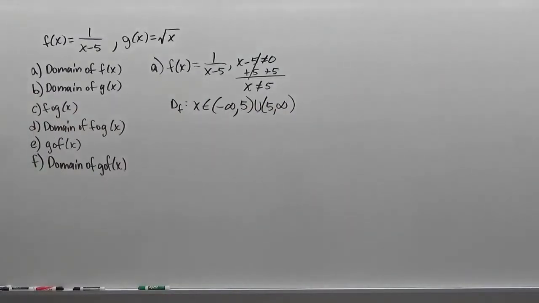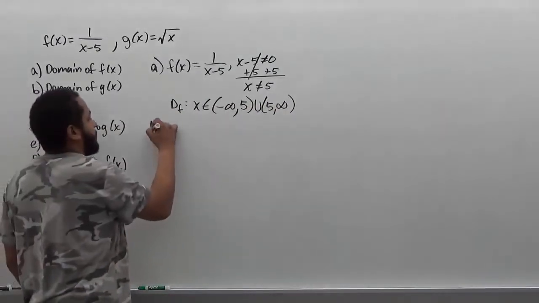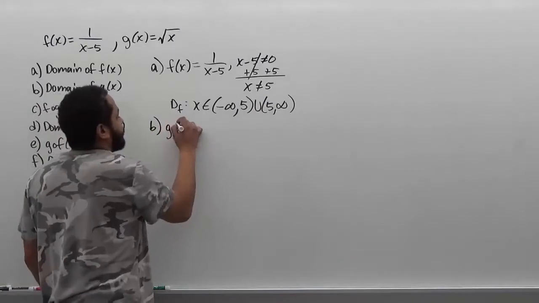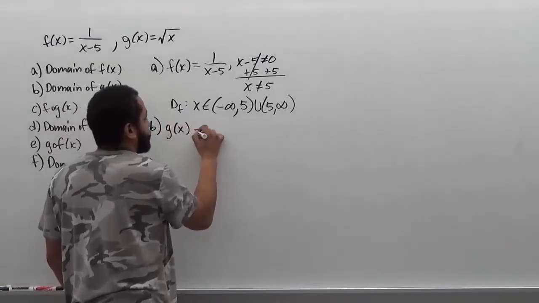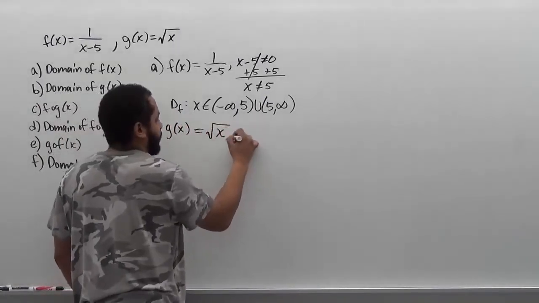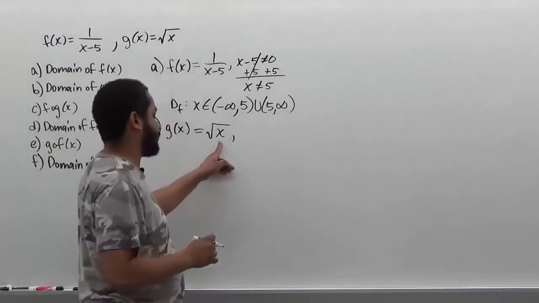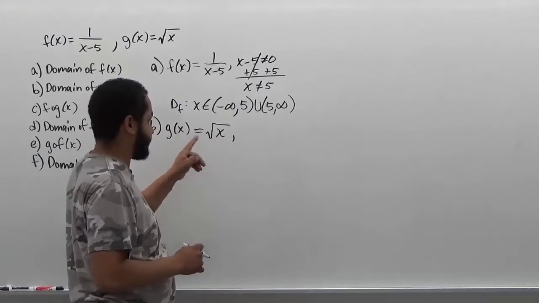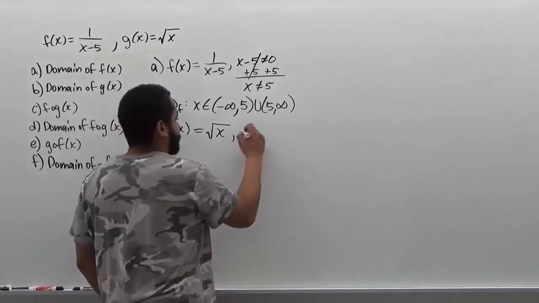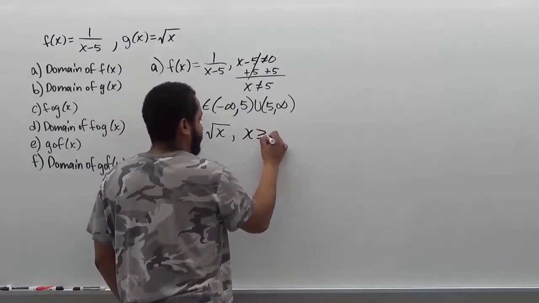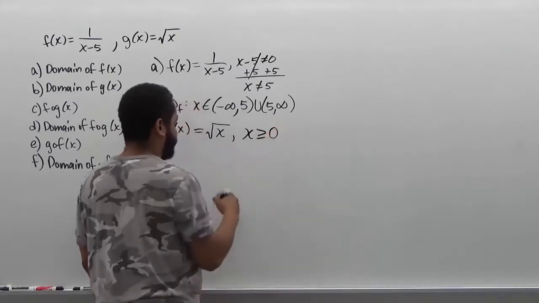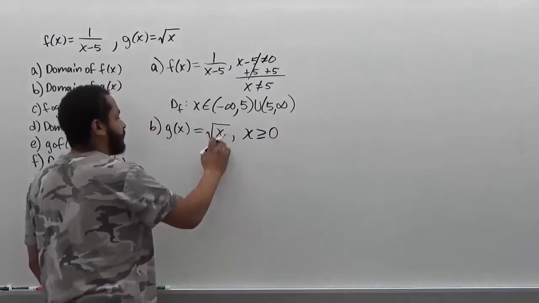Moving on, we're going to do the domain of the g function. The g function is equal to the square root of x, where in every case for square roots we have to remember the square root cannot be taken if the number is less than 0. So the x value must be greater than or equal to 0. And this pertains to all inner functions of square roots.